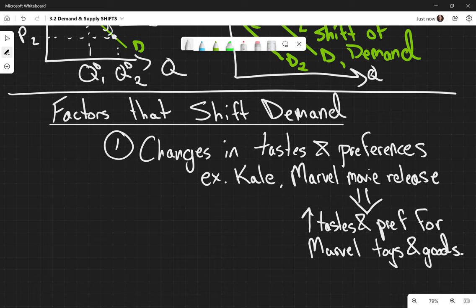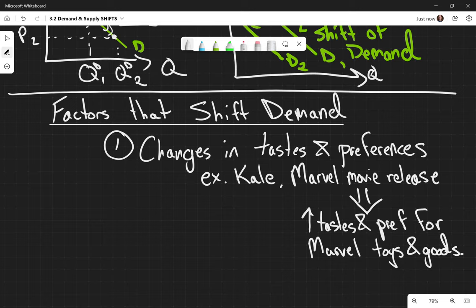So sometimes, it's an advertising scheme, or it's like, oh, the latest report says that eggs are good for you, right? And so people increase their consumption of eggs. Latest report says red meat is bad for you. So people decrease their consumption of red meat, right? That all falls into this bucket of changing your tastes and preferences.